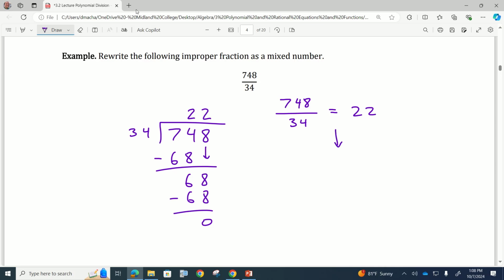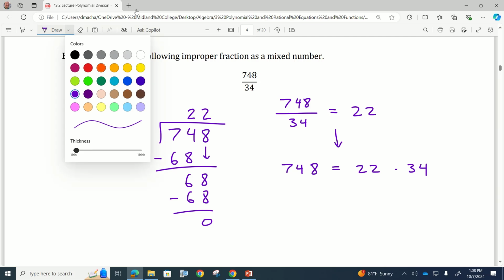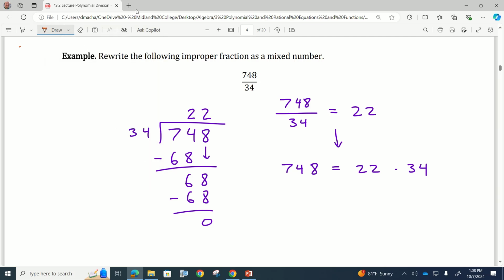And if I take this equation and multiply both sides times 34, I get 748 is equal to 22 times 34. That tells me that 34 is a factor of 748. And this is always true.